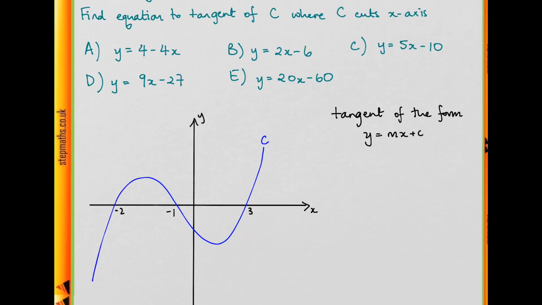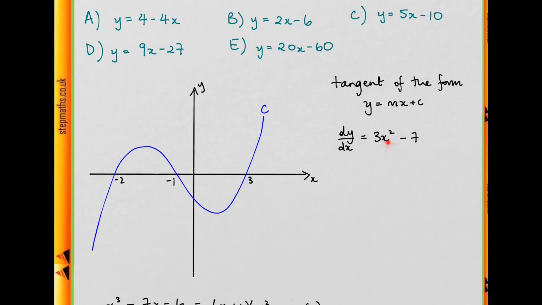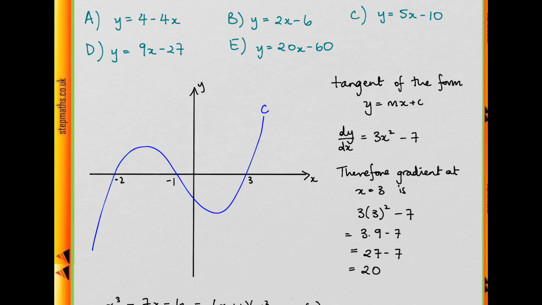So we want a gradient, so we're going to have to differentiate. If we differentiate our cubic, we're going to have 3x squared minus 7. If what we're looking for is the gradient when x is equal to 3, we substitute x equals 3 into here. Just substituting that in is going to give us that the gradient here at x equals 3 is 20.